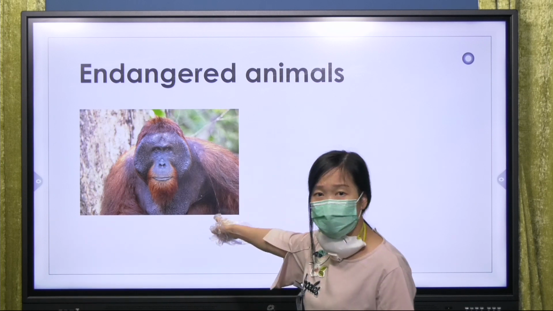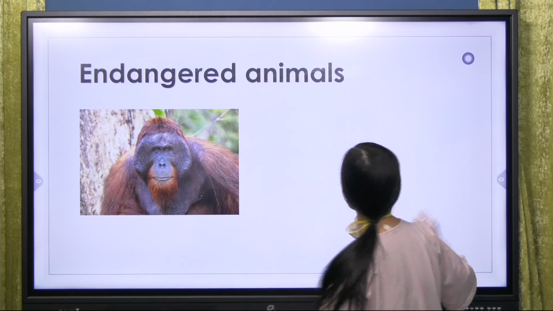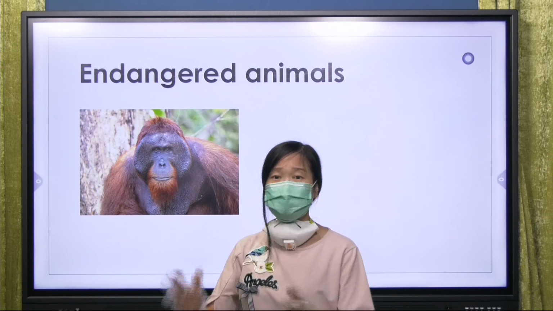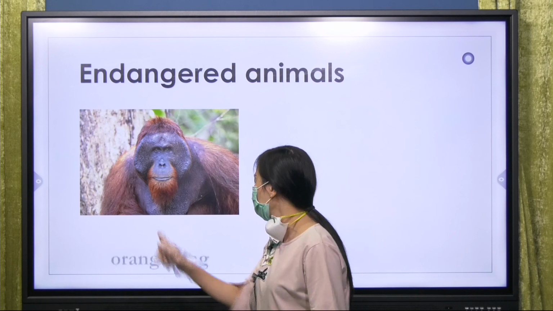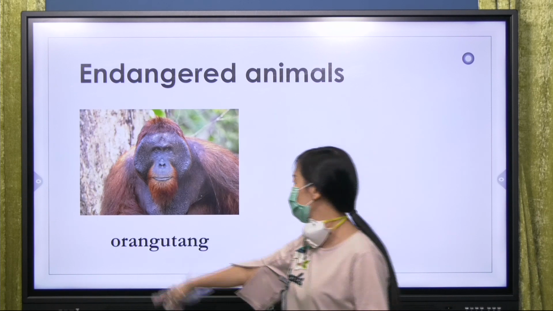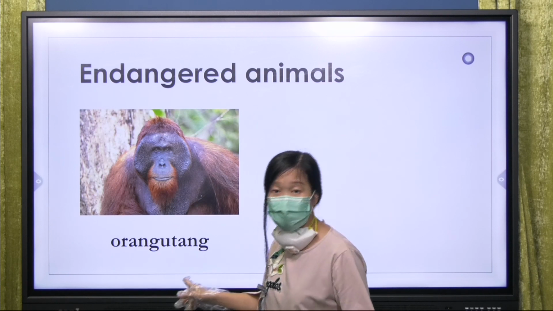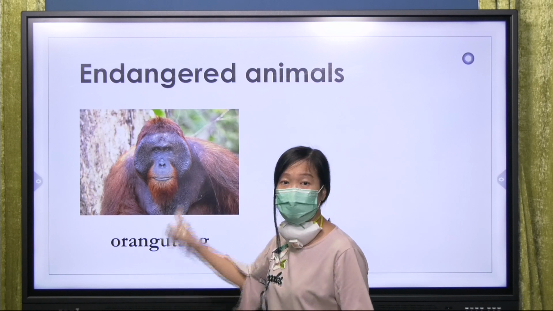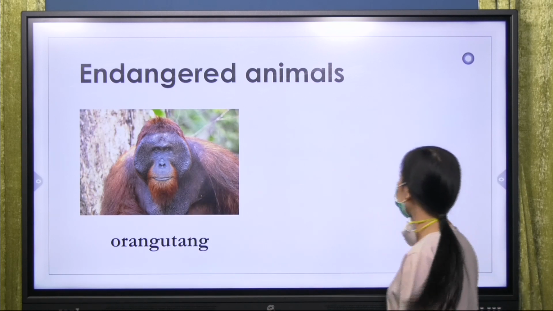So, how do we call this? We don't call this a monkey, because monkey is a big kingdom, all right? And then we have different kinds of monkeys. And pay attention, we will hear a word, orangutan. Orangutan. In the soundtrack, this is how we call this very, very big monkey, orangutan.